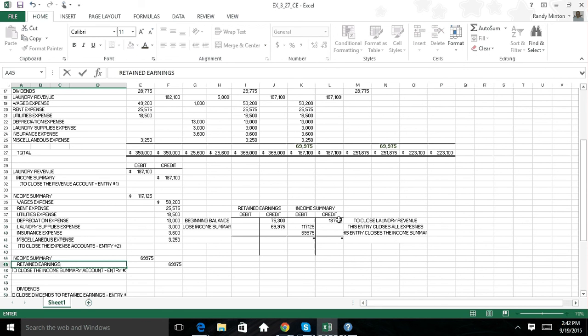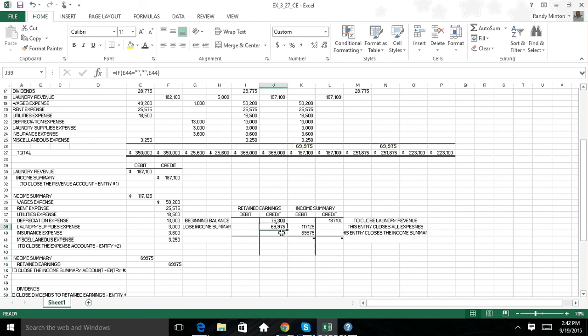Well, that's your revenue. Here are your expenses. Since your revenue is larger than your expense, then we must have had a profit. So if we had a profit, it would make retained earnings go up. So now I have the beginning balance in retained earnings of $75,300 plus the profit of $69,975, and this takes us through the end of entry number 3.